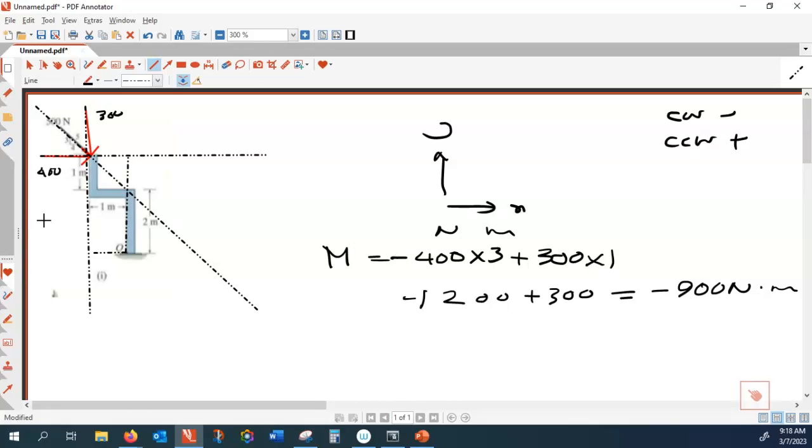So let the forefinger of your right hand rotate clockwise, and your thumb shows what? Inside the plane. So inside the plane is opposite to the k with that coordinate system. So that gives you M as a vector, M as a moment. That is minus 900 k with that coordinate system.